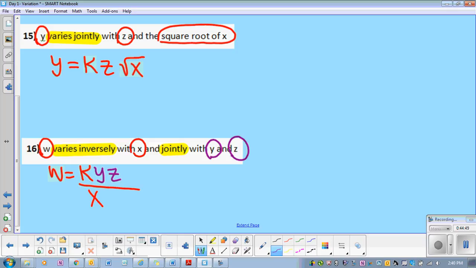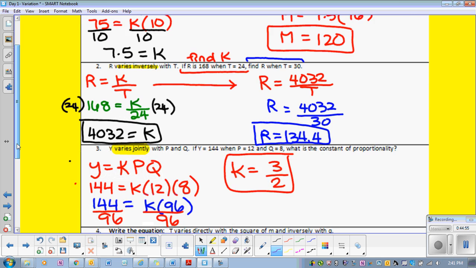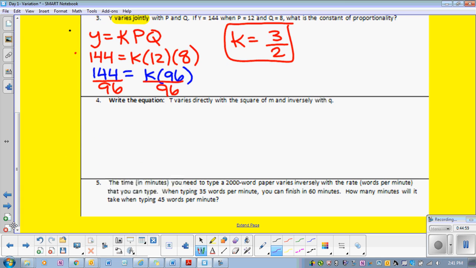All right, so go to the back. Look at your practice problems. Now, you guys should be able to do number 4, and you should try number 5. Okay? So number 4 should look like this.